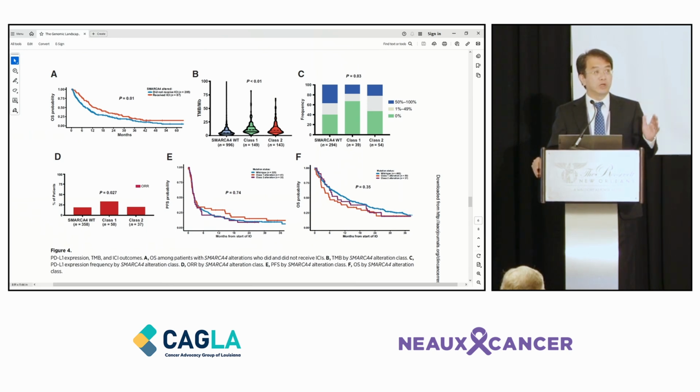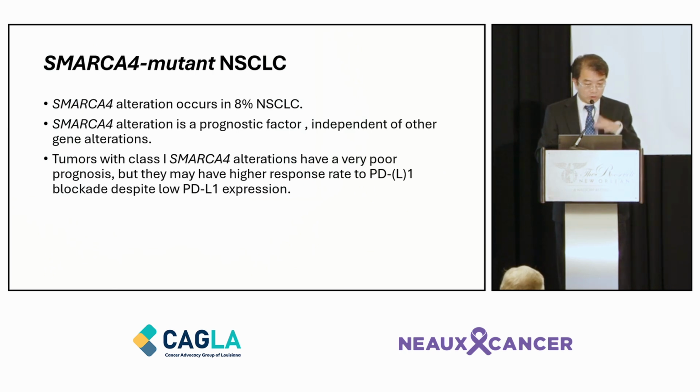Only if you do comprehensive molecular profiling can you find the pattern, and you can find the treatment. To summarize, only 8% of non-small cell lung cancer has a SMARCA4 alteration, and it is strongly associated with worse prognosis. The paper recommended treating patients with immune checkpoint inhibitor.